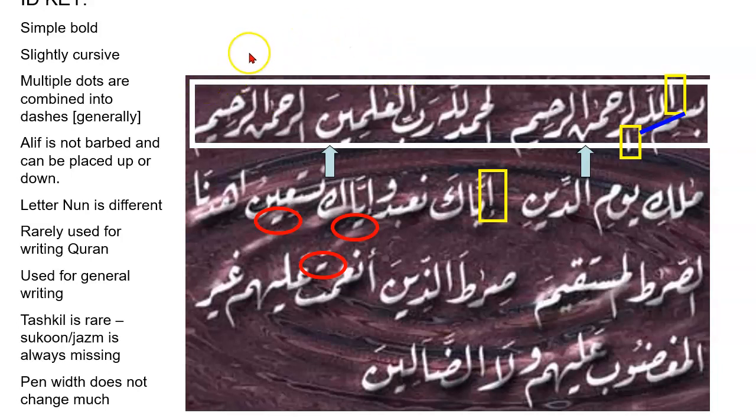This is Riqa. Riqa is another script. It's very simple. If Naskh was simple, Riqa is actually one level below in simplicity, so slightly cursive. The biggest thing that I want you to know: Riqa is for Ruqa. That's how I understand it. Riqa is basically note writing.